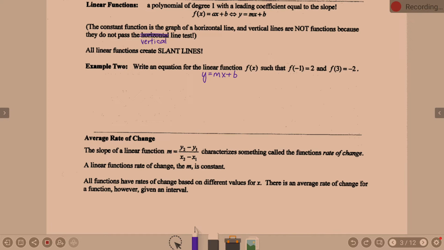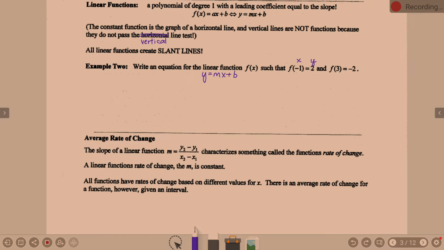What are they giving me here? They're giving you numbers to plug in. This is an x and a y.